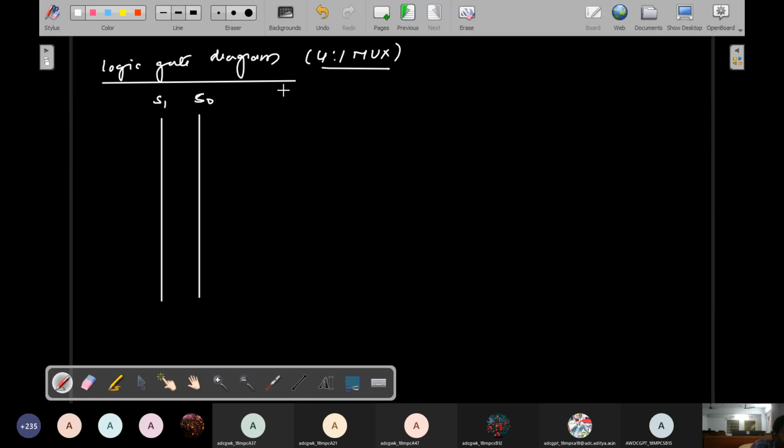S3 is here, but data lines start from here onwards. Right now, this is the one case and this is the other condition, and not condition means complementary condition. So simply take the complement by using a NOT gate, because NOT means complementary operation. Understand? So this is the S naught NOT gate.